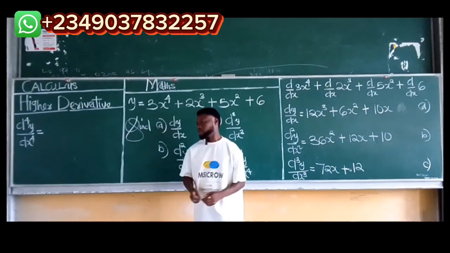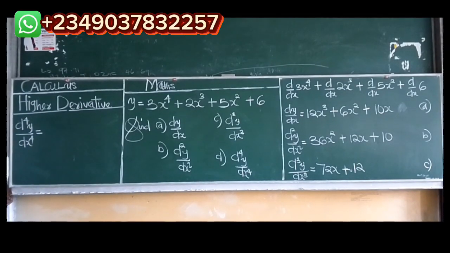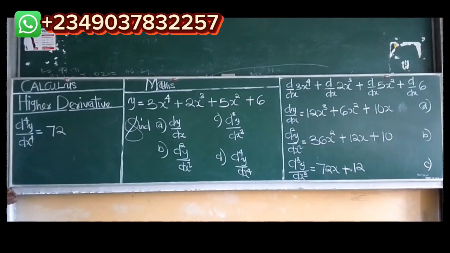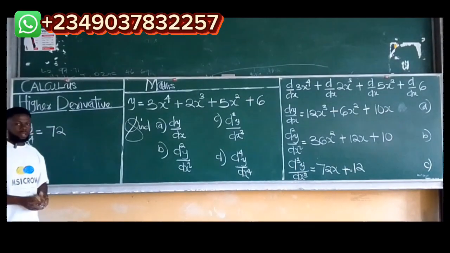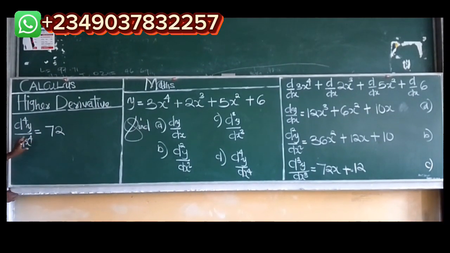So if I differentiate 72x, that will give 72. And if I differentiate 12, it becomes 0, because the derivative of a constant term gives 0. And the final result is this.